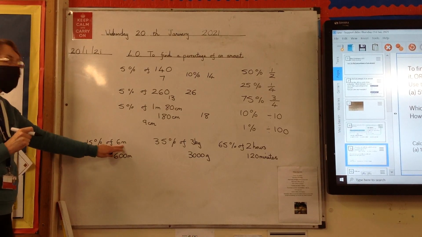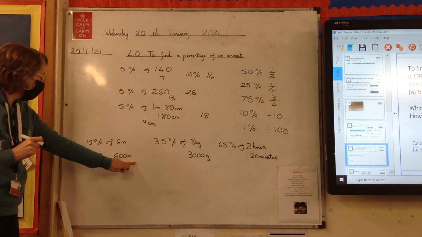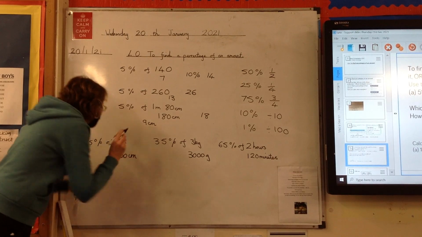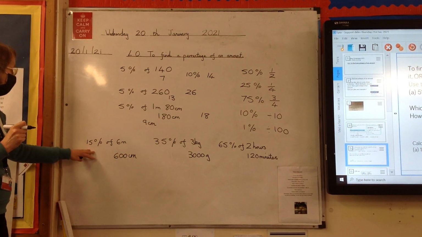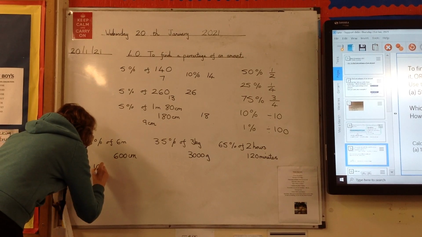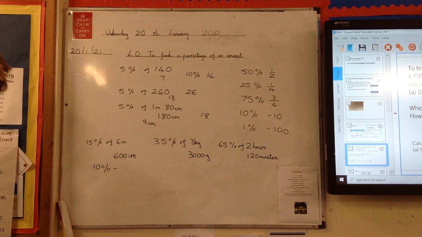15% of 6 metres. Again, I would convert that into 600 centimetres even, so that it makes it easier to deal with. All right? So, I don't know about 15%, but what do I know? 10%. Good. 10% divided by 10, which is 60.